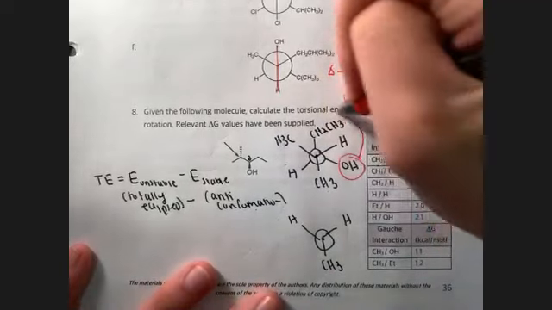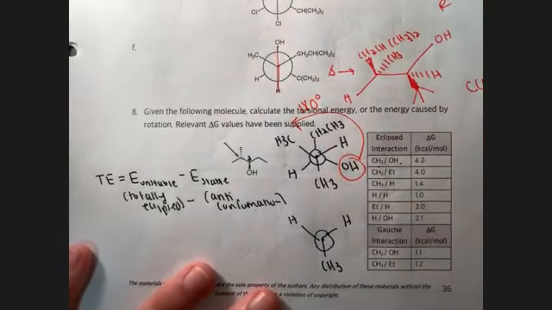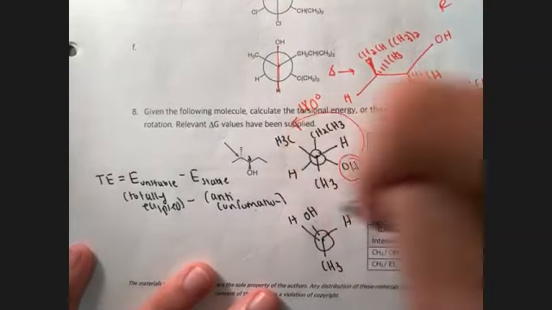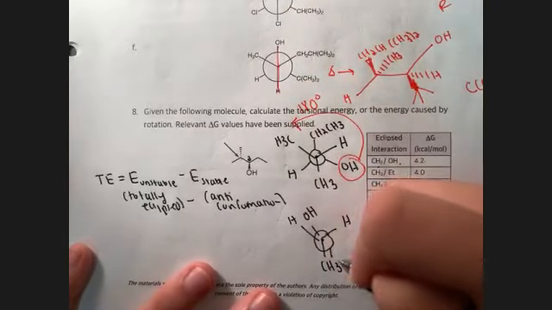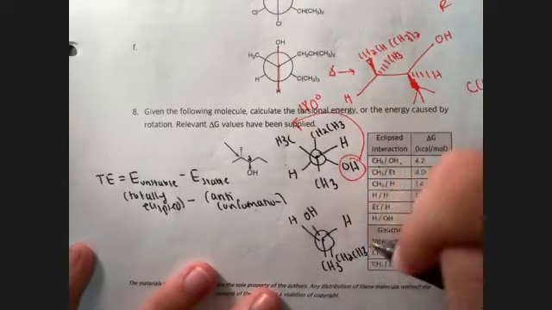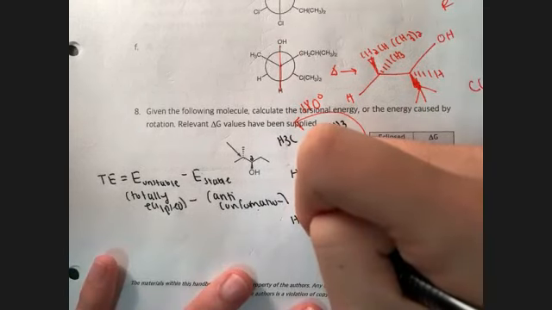Let me draw this in red. So after 180 degrees, this hydroxyl group comes all the way over there, this ethyl group comes all the way over here, and this hydrogen comes all the way over here. You guys see that? And this should be CH3.